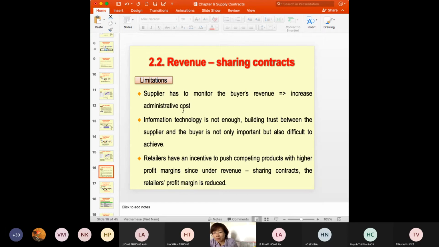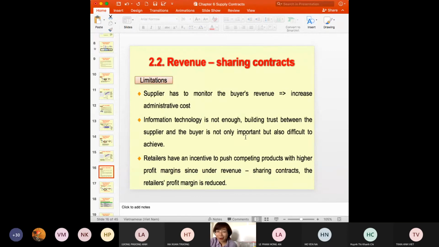The supplier wants to manage that, but must pay administration costs. So information technology is not enough. Building trust between the supplier and buyer is not only important, but also difficult to achieve.